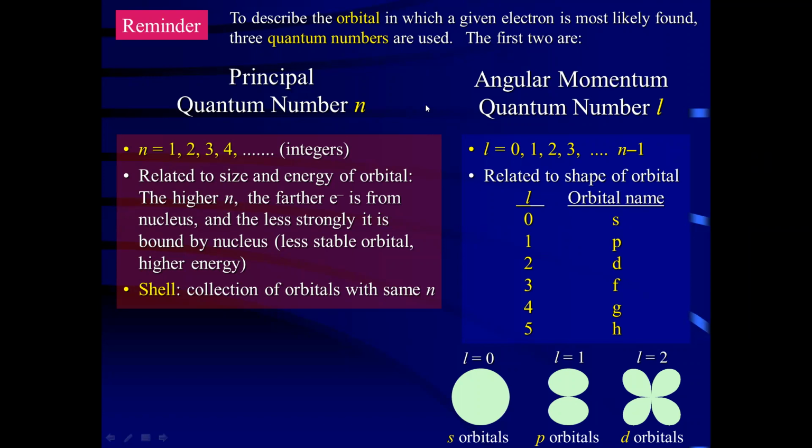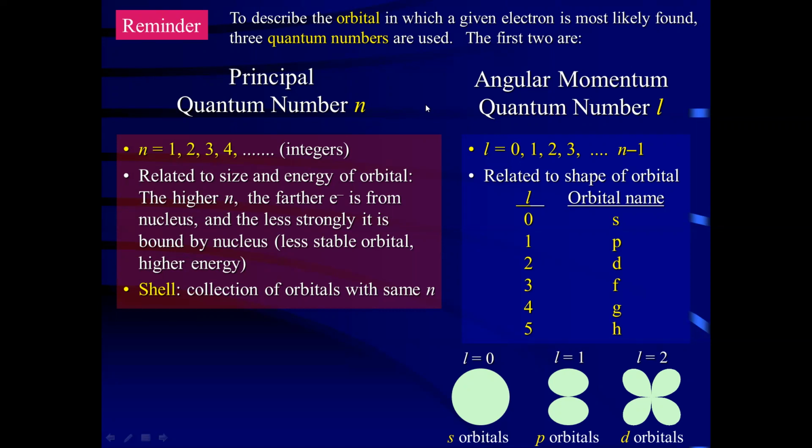We cannot simultaneously determine the speed and the position of electrons accurately, according to the Heisenberg uncertainty principle. So we have to use another term called probability, which means how often, how frequently, we can find an electron at a certain position around the nucleus.